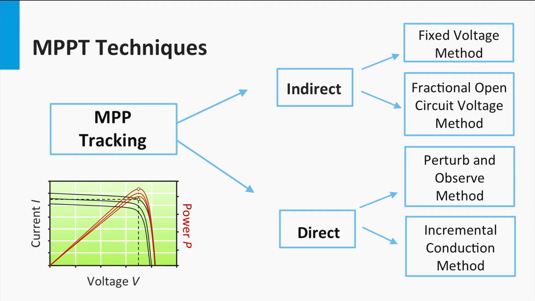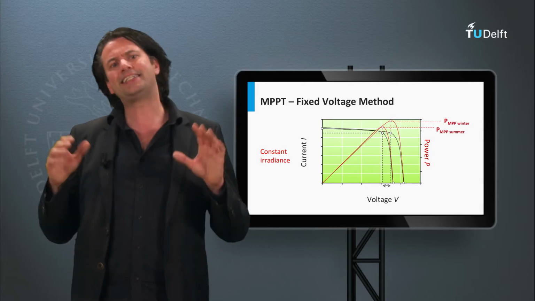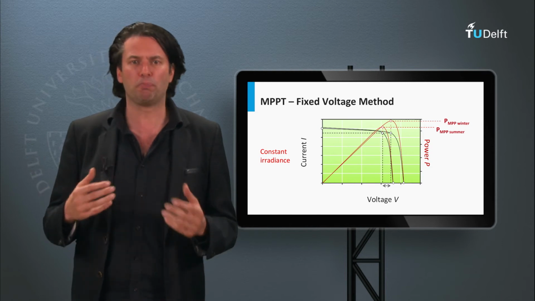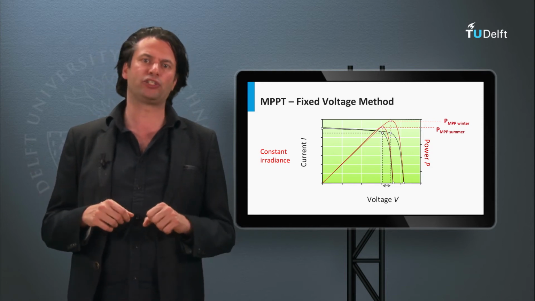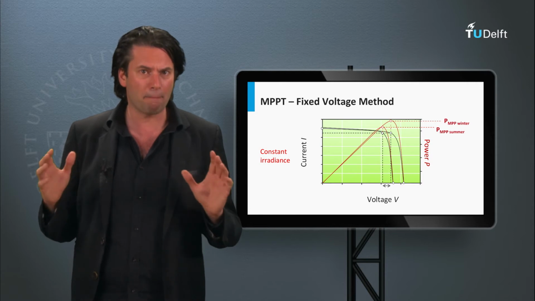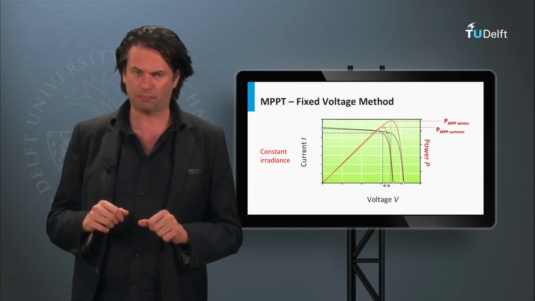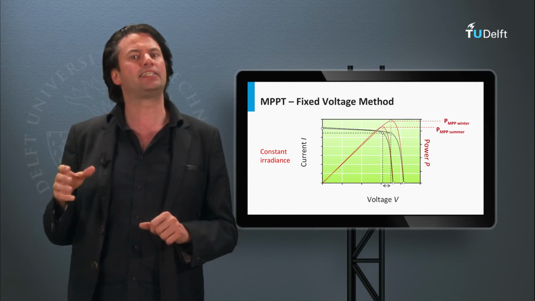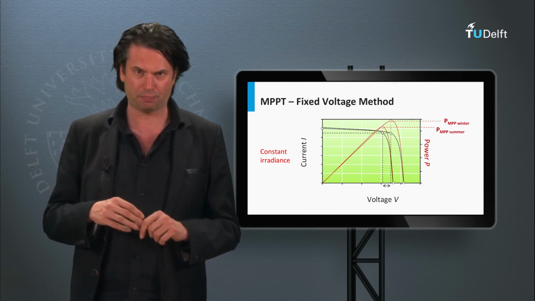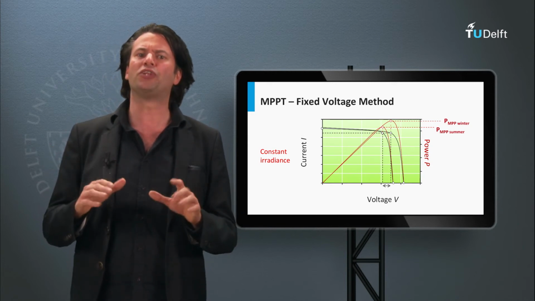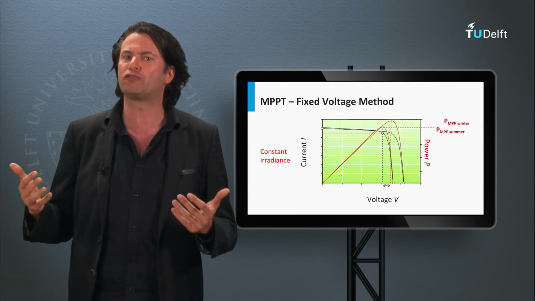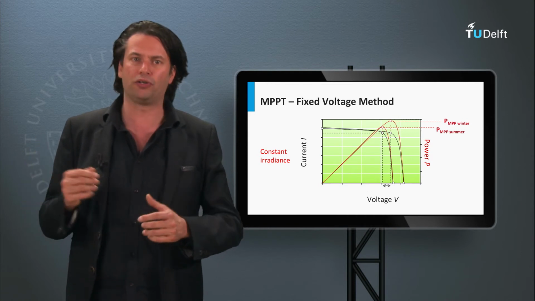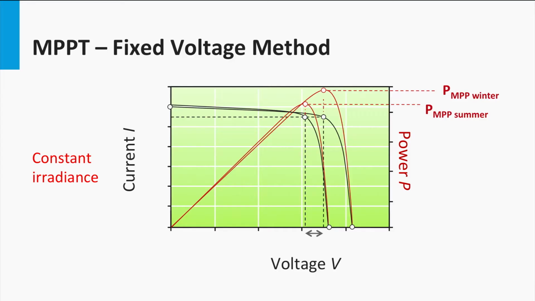Let's talk about the indirect MPP tracking first. In this kind of tracking, simple assumptions and periodic estimations of the MPP are made with easy measurements. An example from practice is the fixed voltage method. This technique is based on adjusting the operating voltage of the solar module only on a seasonal basis.